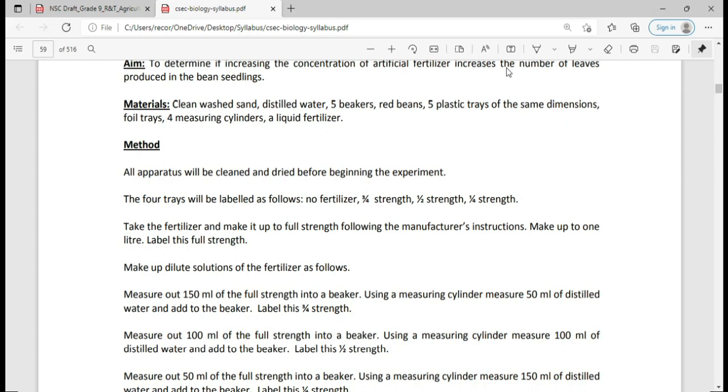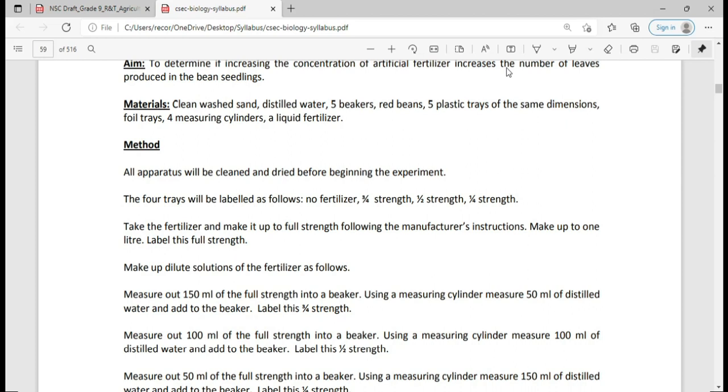Make up dilute solutions of the fertilizer as follows. Look at this. Measure out 150 ml of full strength into a beaker. Using a measuring cylinder, measure 50 ml of distilled water and add to the beaker.